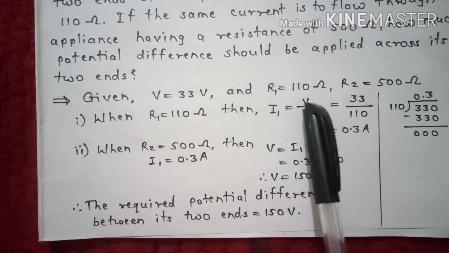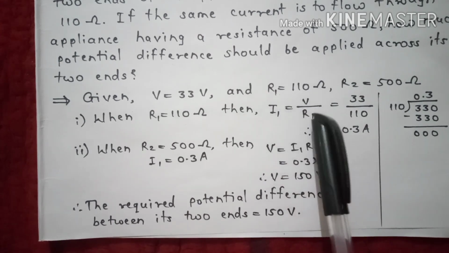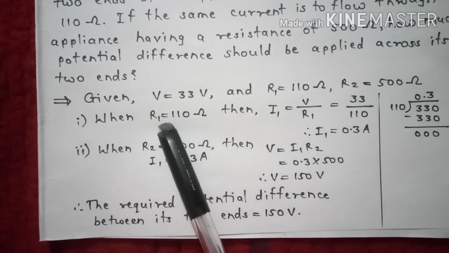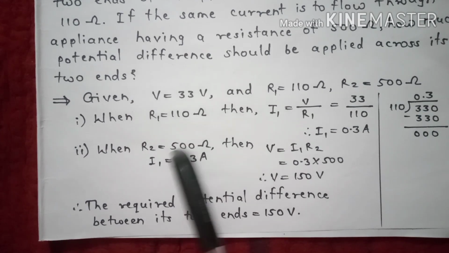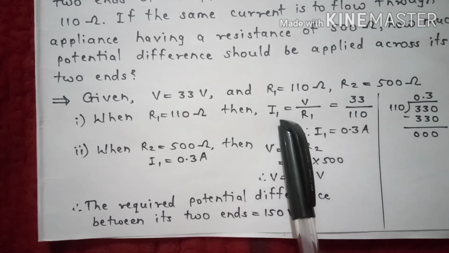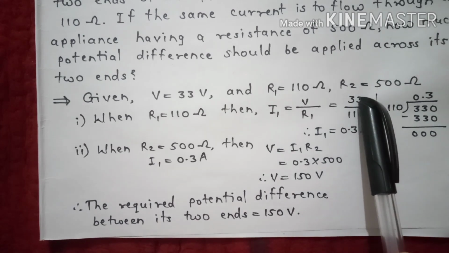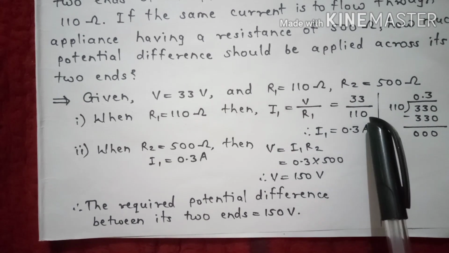This is again with the help of Ohm's law only, because V is equal to IR, and here two resistances are there, R1 and R2. So the respective current for that resistance will be I1. So V upon R1, that is equal to 33 upon 110.